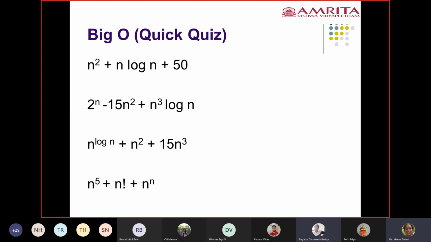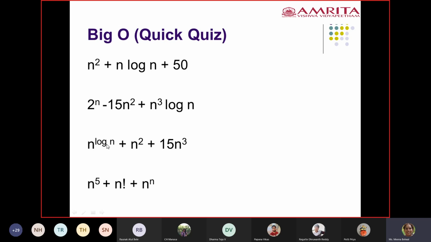Anybody wants to contradict? Because I also feel that what Dhruvant is saying is correct, n to the power log n, because the competition is between whether 2 is greater, 3 is greater, or log n is greater, right? For large values of n, obviously log n will be more. So log n will start becoming more when it becomes 3.